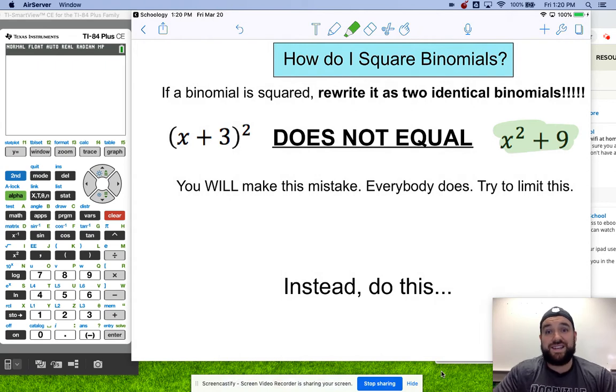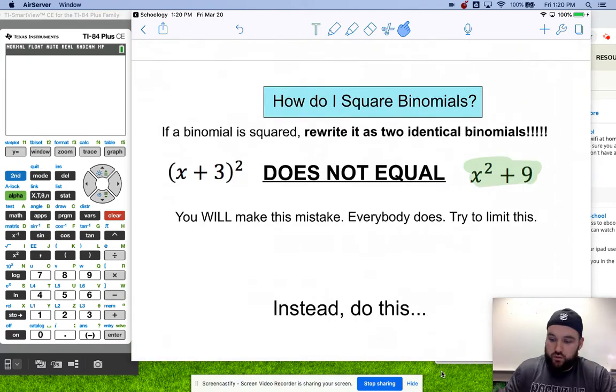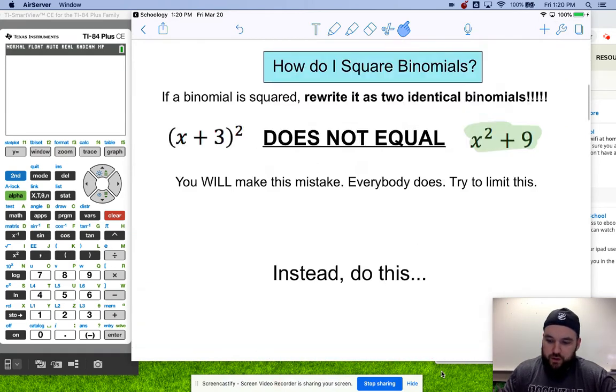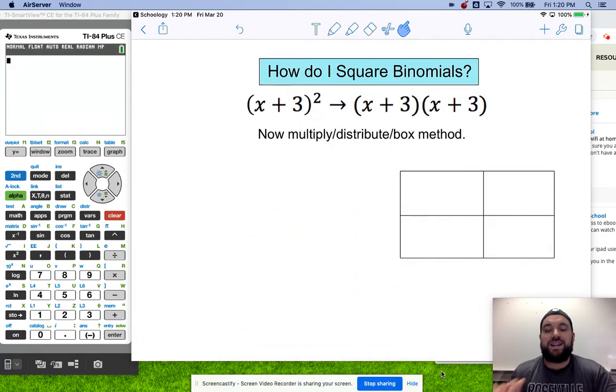What we need to do today is get you thinking about, okay, what happens and what am I supposed to do if I see this? So x plus 3 to the second power, we need to think of it this way.